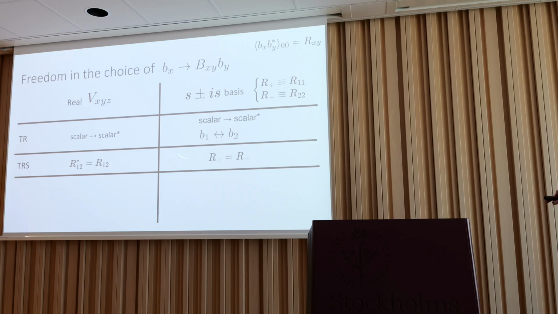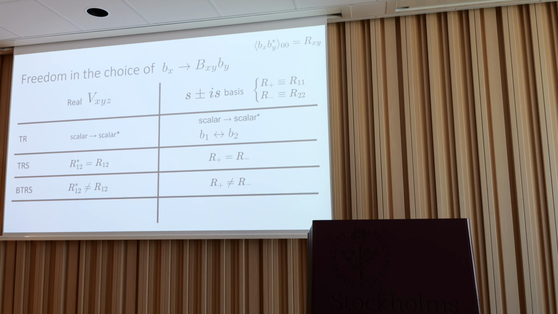it means that basically these propagators are the same, or in simpler terms, maybe that the number of plus and minus components is the same. So in this case, the time reversal symmetry is not broken if you have the same number of S plus AS and S minus AS Cooper pairs.